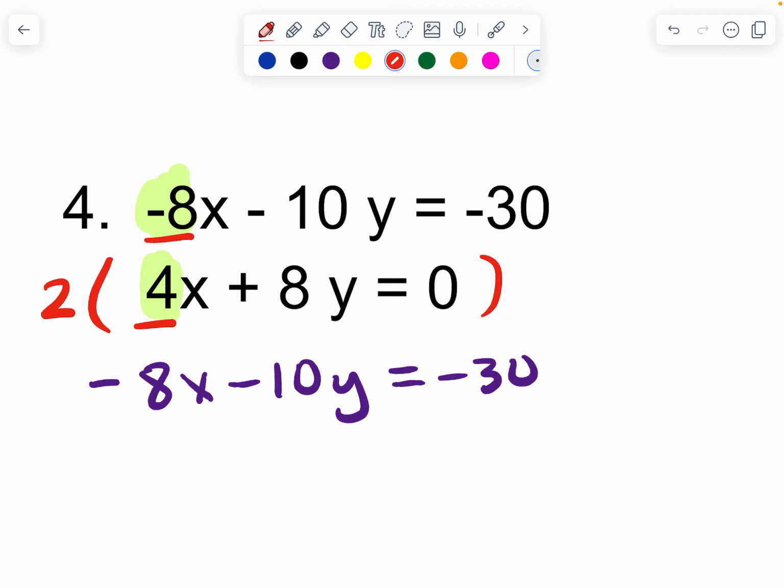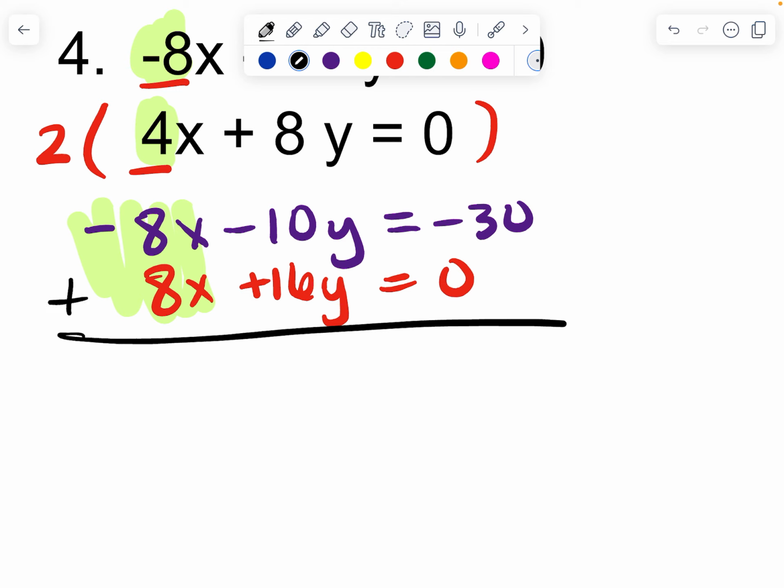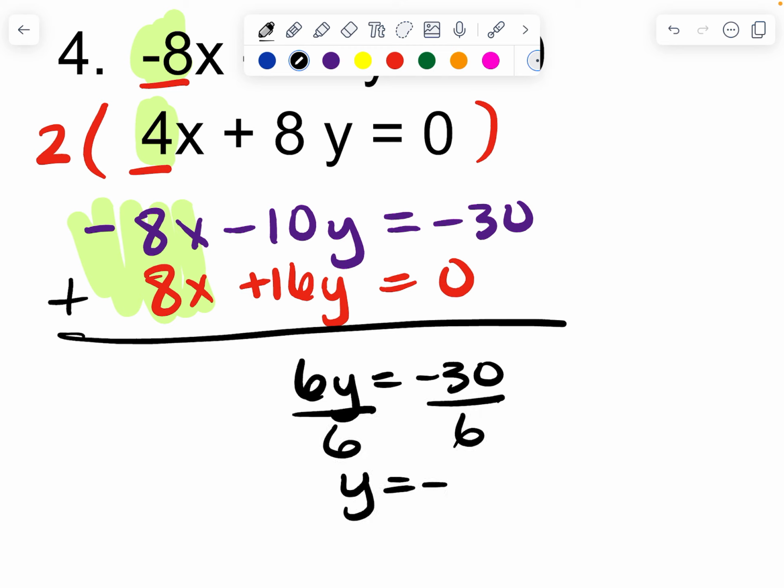And then I multiply the second equation by 2, and I get 8x plus 16y equals 0. These are opposites of each other now, so I'm going to add straight down. I'm going to get 6y equals -30. I'm going to divide by 6 on both sides and get y equals -5.